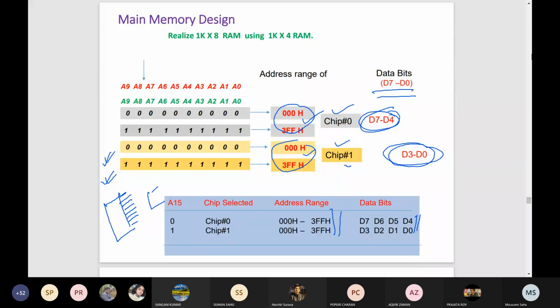The first memory chip has only 4 lines for data, so you connect 4 lines here. Another IC also has 4 lines, which you connect here. The processor can select both chips simultaneously.